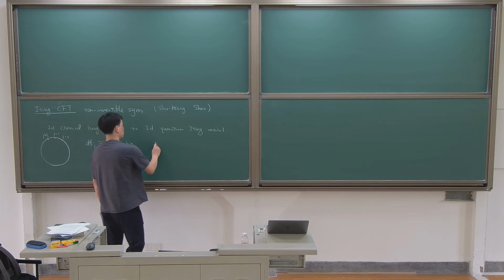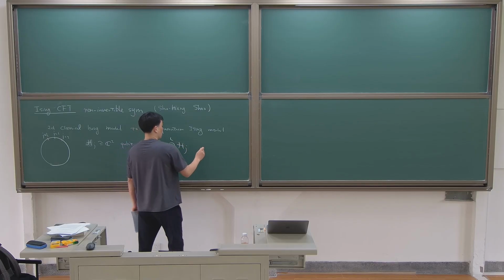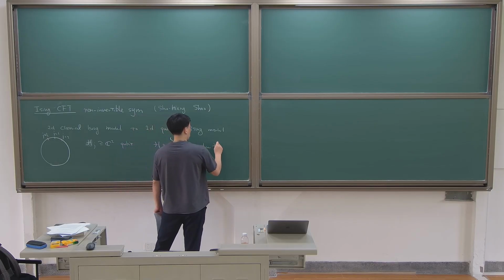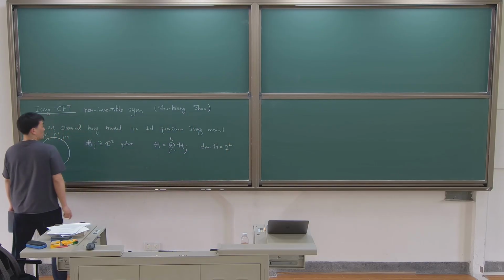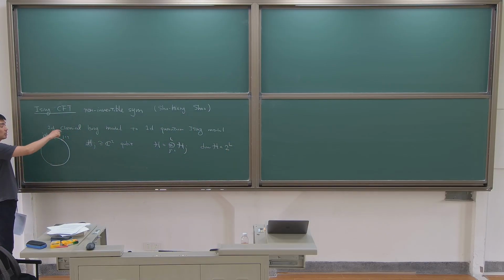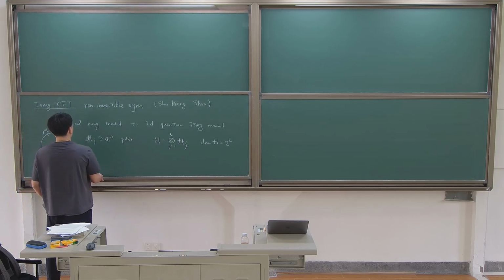So the total Hilbert space is the tensor product over j equal to 1 to L, and its dimension is 2 to the L. Here you have spin up and spin down states at each site. So what is the symmetry of this system?